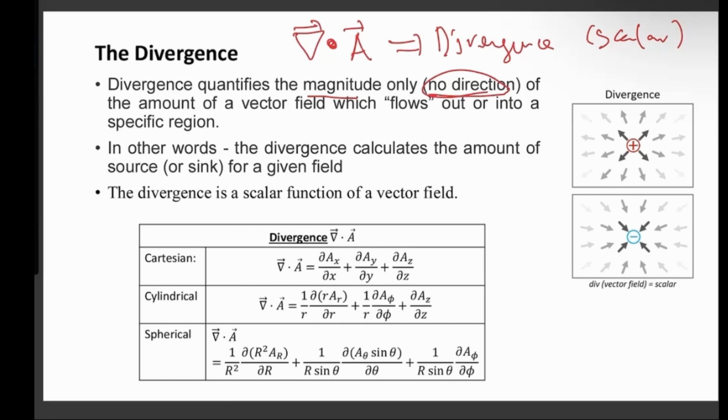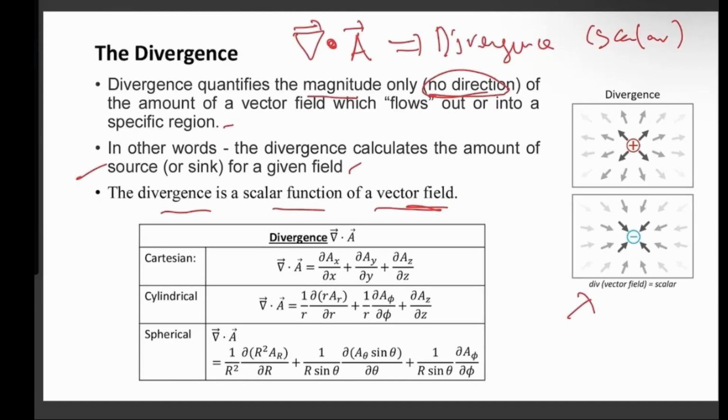It is the amount of vector field which flows out of a specific region. In other words, divergence calculates the amount of source of a given field. Divergence is a scalar function of a vector field. This kind of vector is not the gradient.